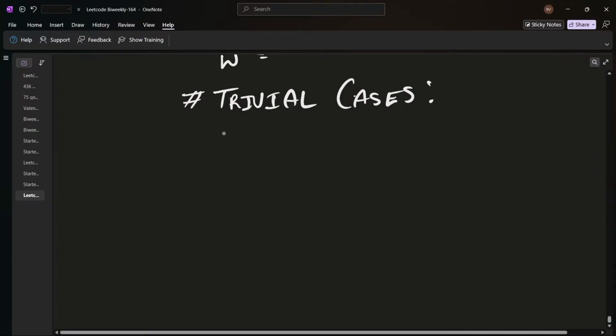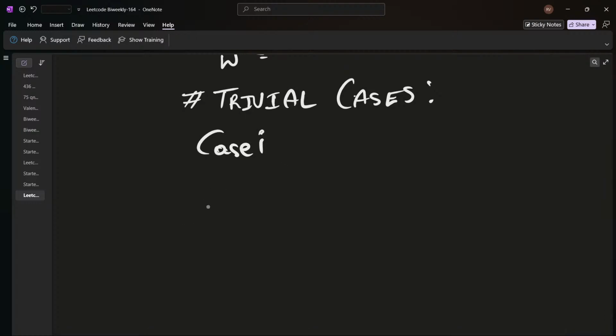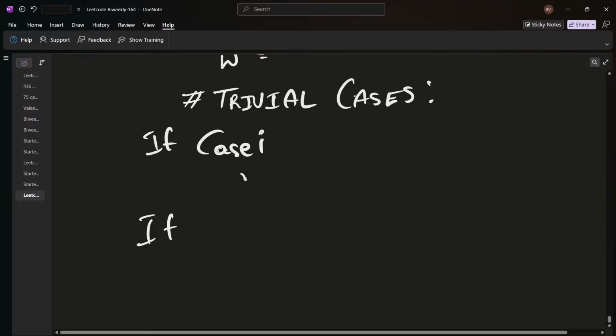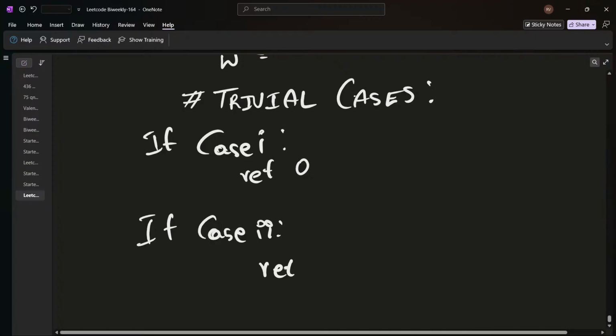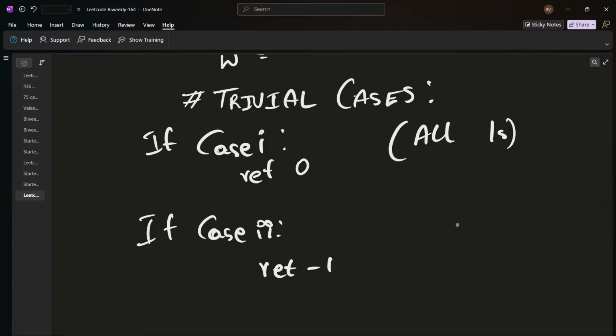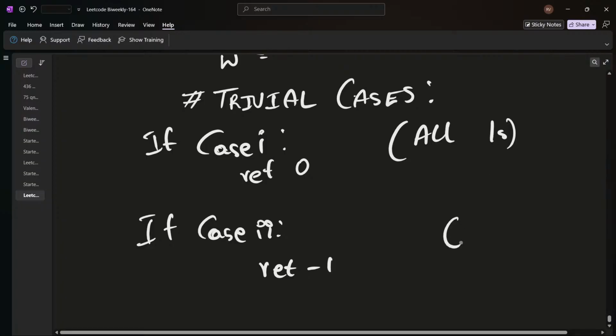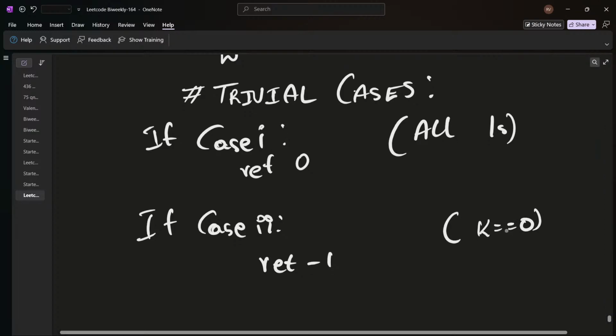So first, case 1, and next if condition. If case 1, return 0. If case 2, return -1. Case 1 is all are already 1, all ones. This is k equal to 0.